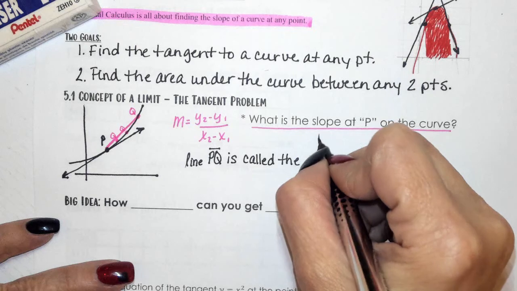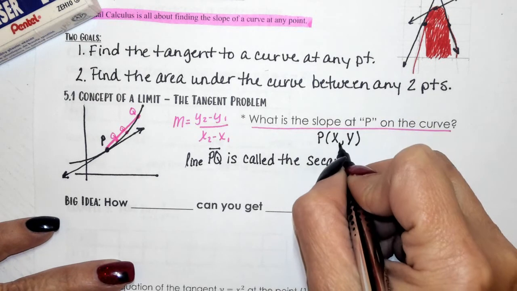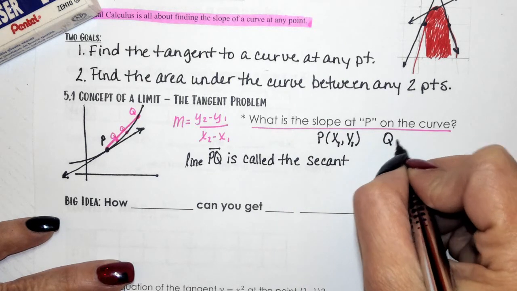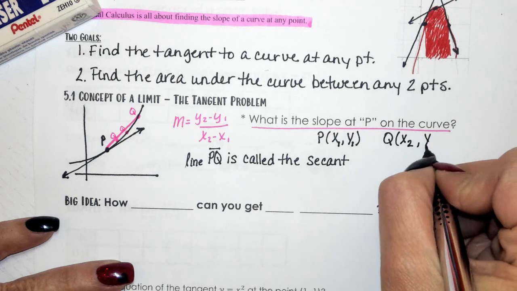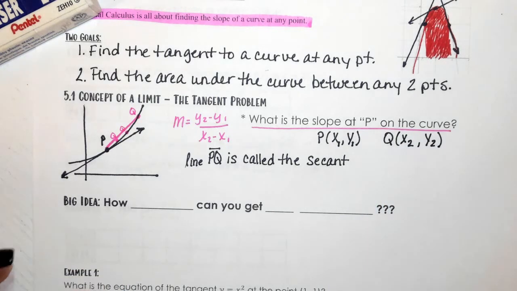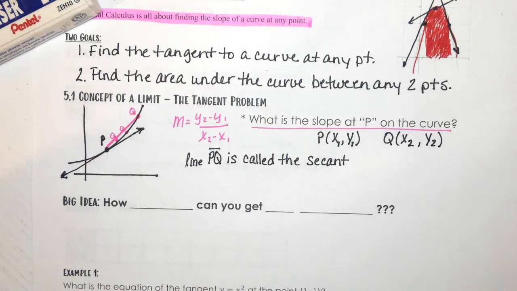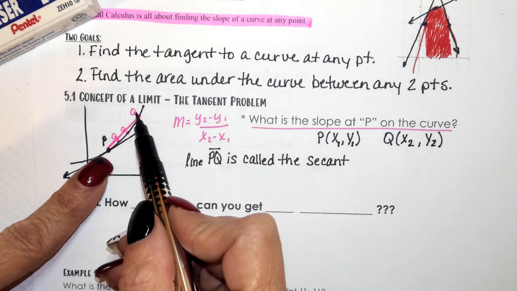And I would say the point P has the ordered pair x comma y, and I would say x1, y1, and I would say that the ordered pair Q would be x2, y2. And I need to make sure that they are different points. They can't be the same points. If P was 0, 0, Q can't be 0, 0.